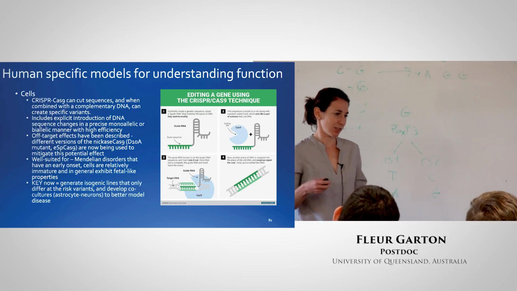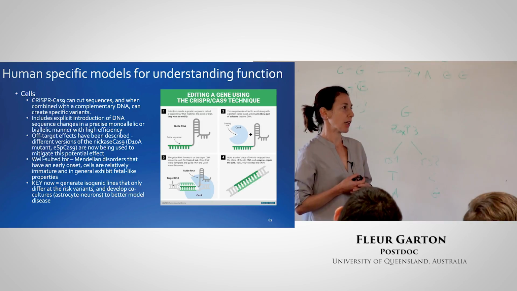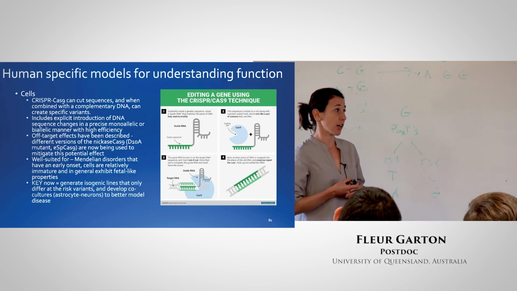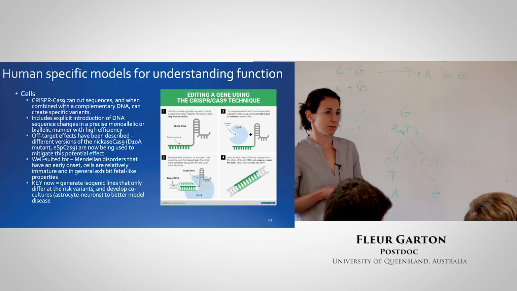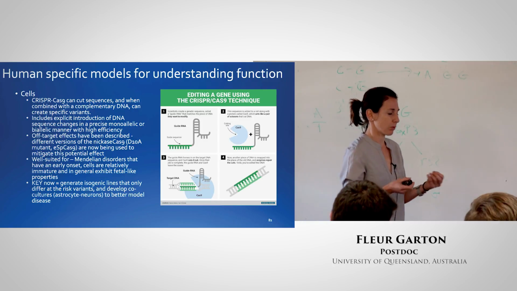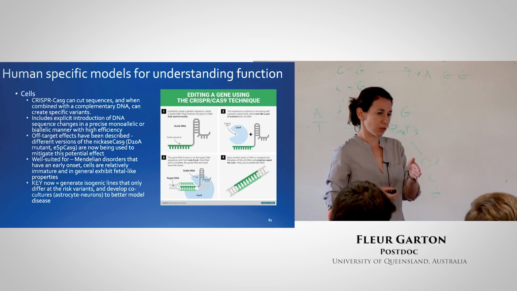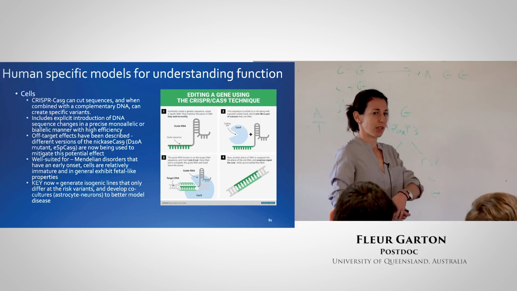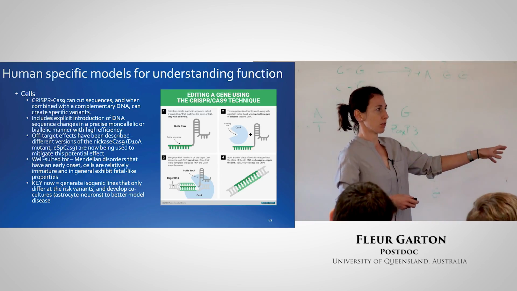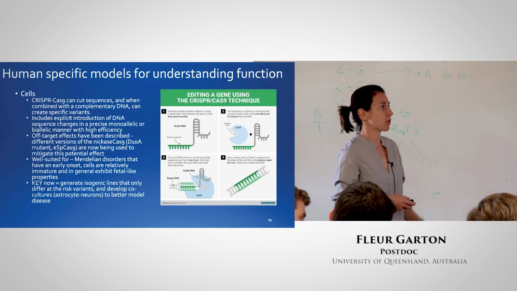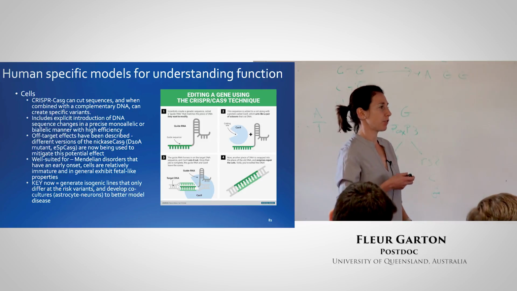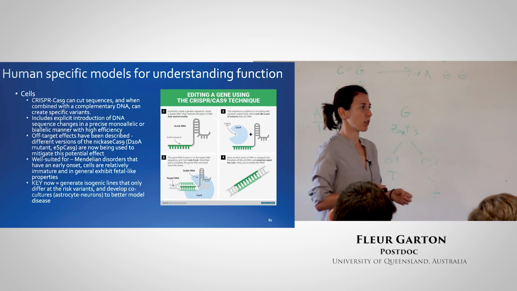With the uptake of this method, there's certainly been reports of off-target effects. You insert your CRISPR-Cas9 and you're going for one particular area of the genome, and then for some reason something else happens somewhere else downstream. This isn't all that common.